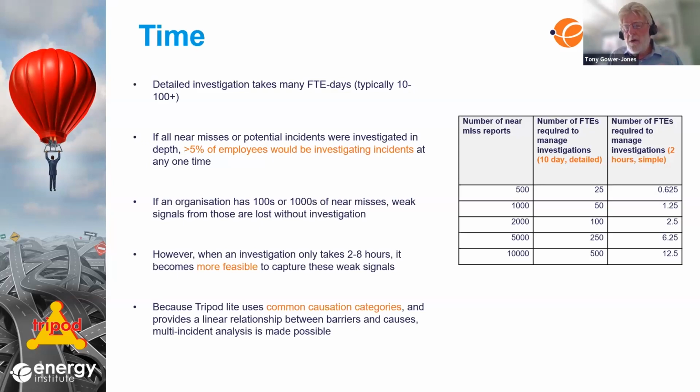Also, the one thing Tripod Lite does that no other methodology does is it gives you that linear relationship from barrier to immediate cause, and this immediate cause was created or influenced by this underlying factor. And it is that linear causation factor at barrier level that allows you to start doing a few smart things with it.